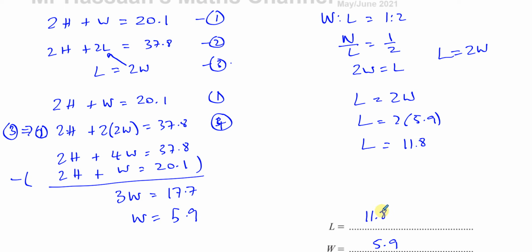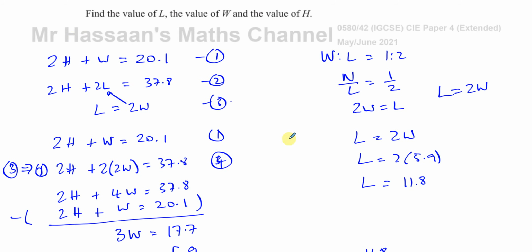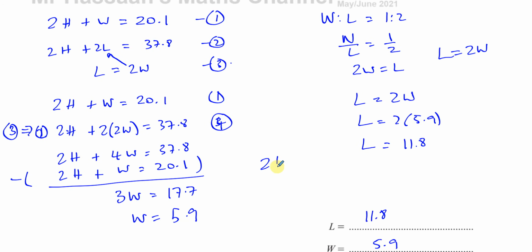And we're going to find H now. We can use either of these equations. I can say that 2h is equal to 20.1 minus w.